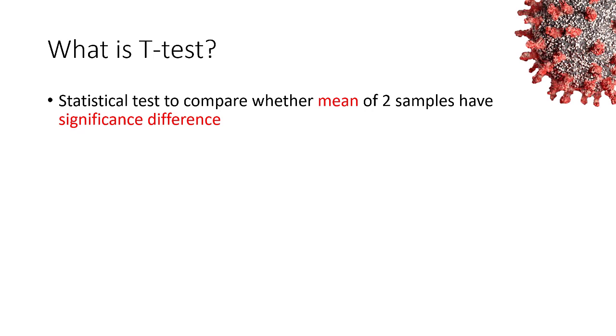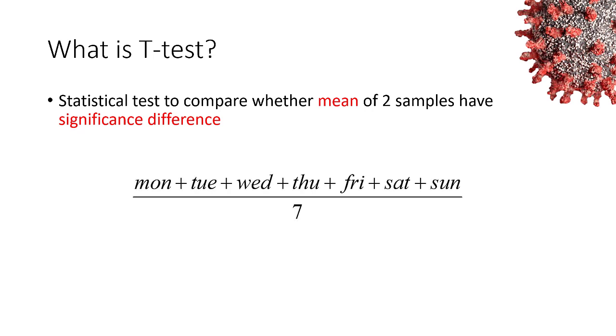What Minister Gan was saying earlier is probably referring to the mean rather than mode or median. The mean is the average that you learned in primary school: the number of confirmed cases on Monday plus Tuesday, all the way until Sunday, divided by 7. You will get the average, the mean.